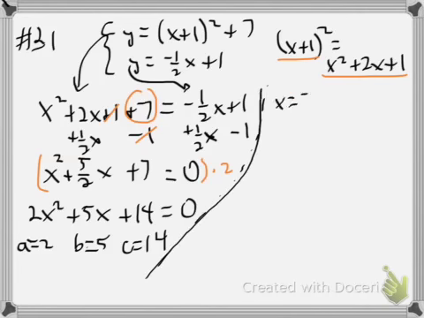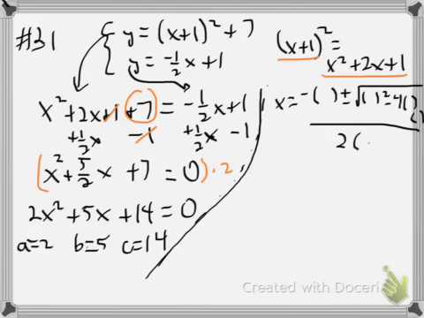x equals negative b plus or minus the square root of b squared minus 4ac. Whoops, I wrote the formula in, but I should probably put parentheses: b squared minus 4 times a times c, all over 2a.